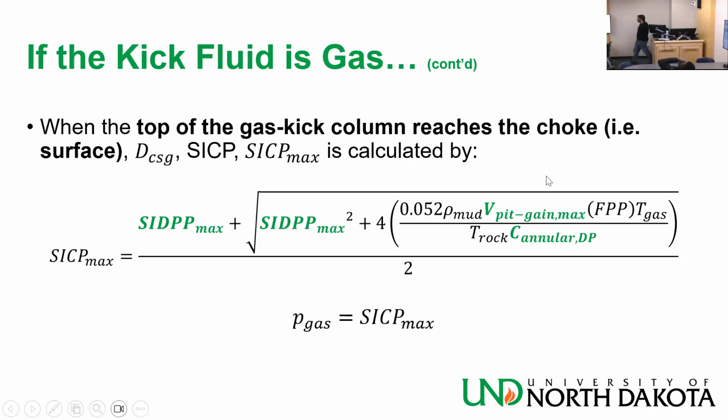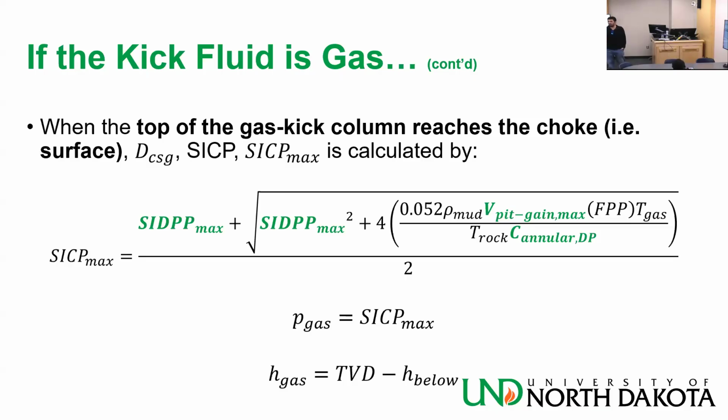And at that point, P gas would be the SICP, and H gas would be, I guess, this. And you need to make sure, as good engineers, that the SICP max is less than the MASP at that point.